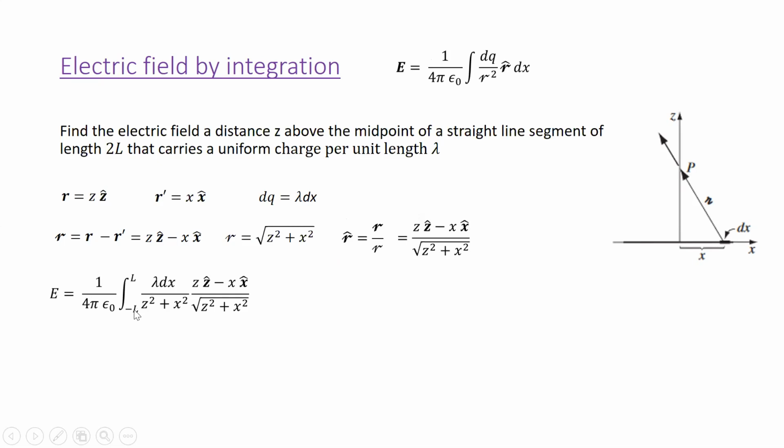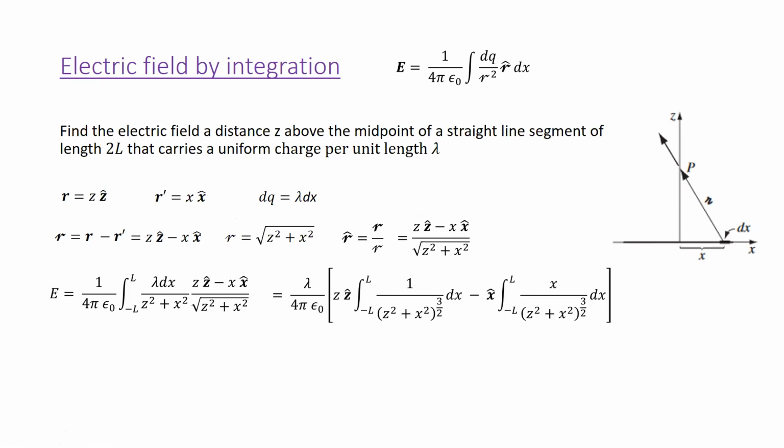We're integrating over dq, which would be, as I said, lambda dx, and we're integrating from minus L to L, over the distance squared, which is the script r squared, so z squared plus x squared, times this unit vector r hat, which we just figured out is this expression here: z hat minus x hat over the square root of x squared plus z squared.